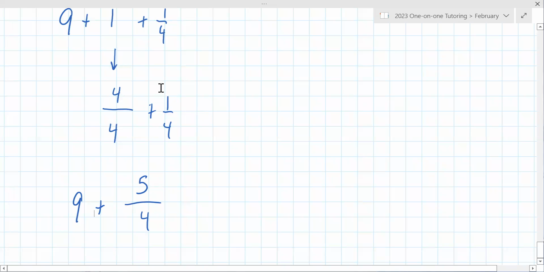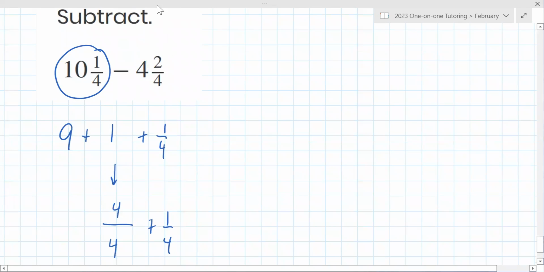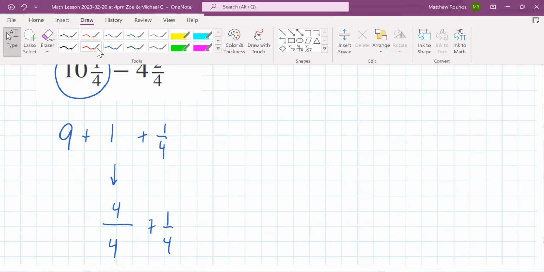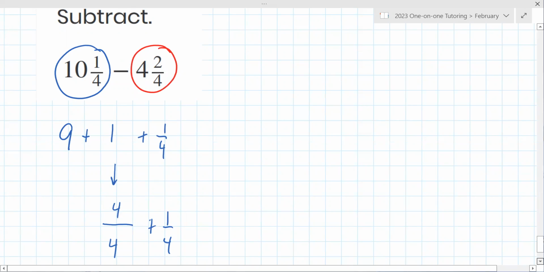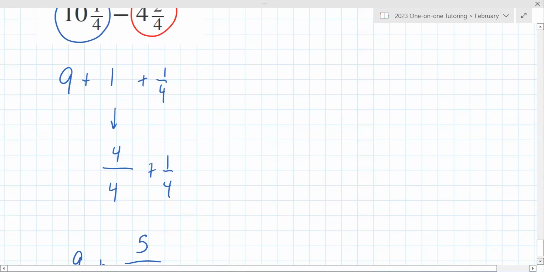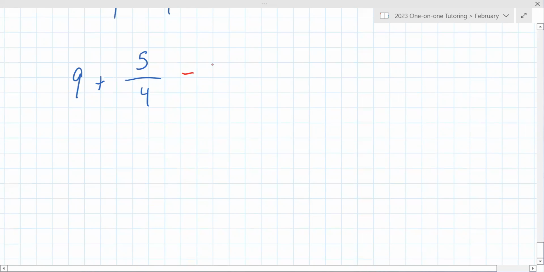Okay. All right, so now we're going to bring this other number down, 4 and 2/4. So I'm going to bring this down, minus 4 and 2/4. But this is a little bit odd. You're subtracting both.